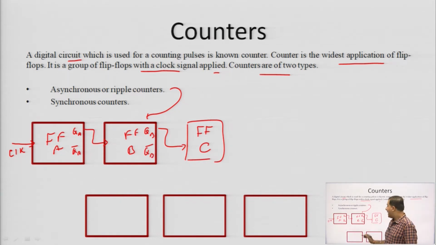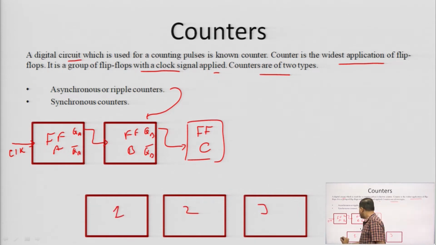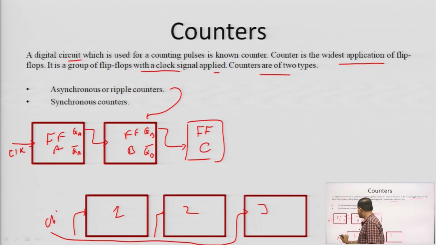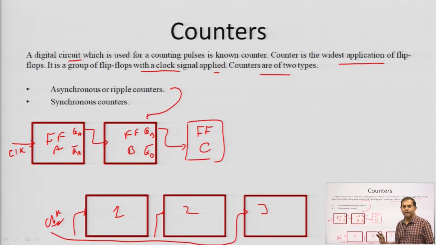But if we have three flip flops, 1, 2 and 3, and simultaneously we give the clock pulse to each flip flop, then this is called synchronous, meaning the same clock pulse is given at the same time to each flip flop. This is known as a synchronous counter.